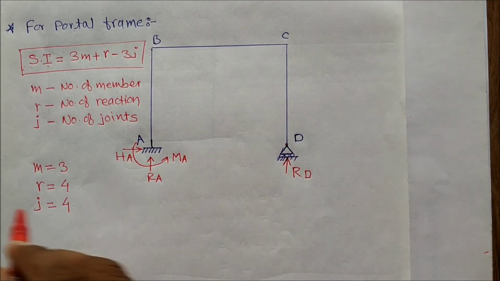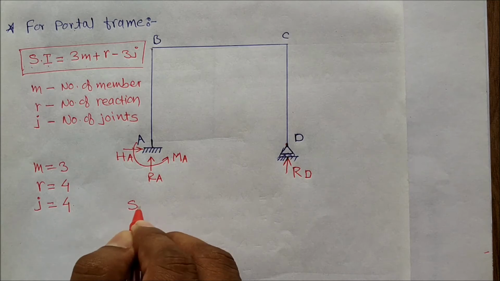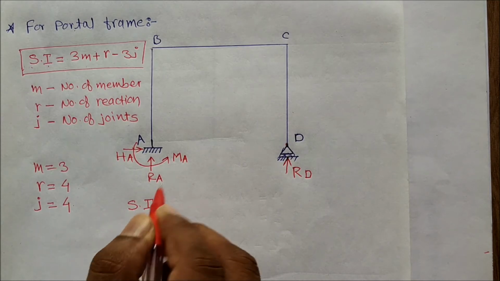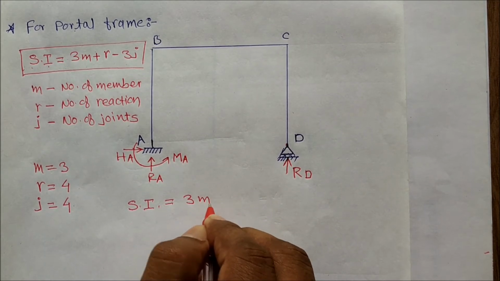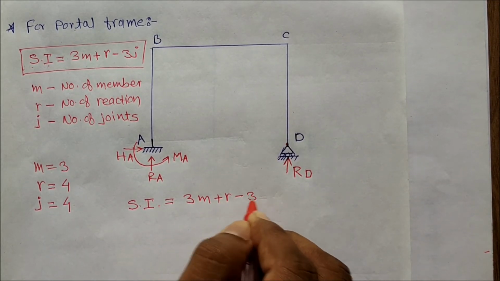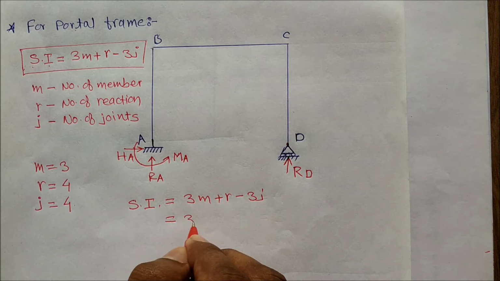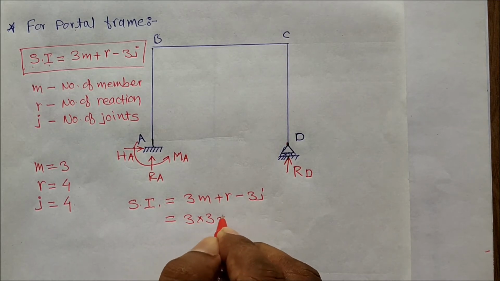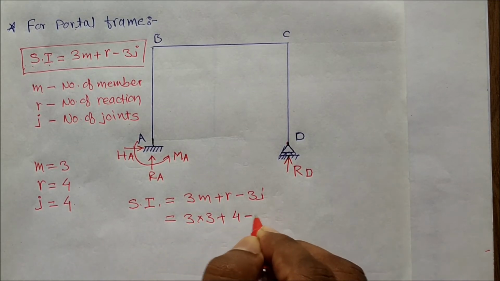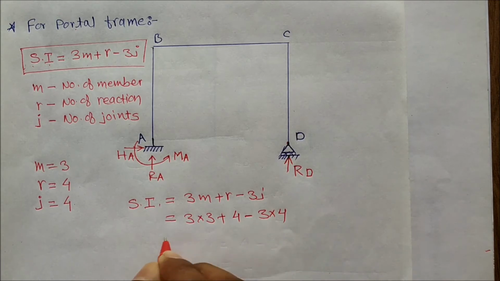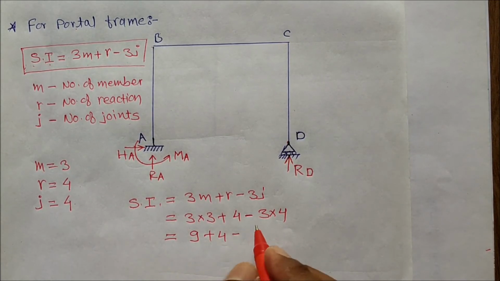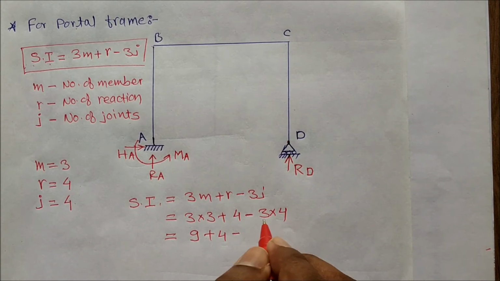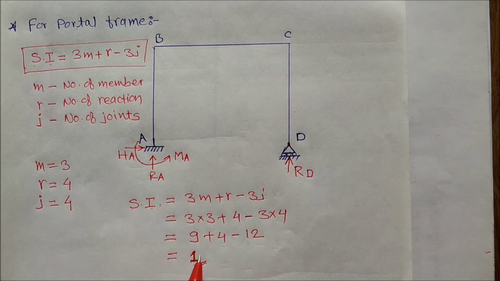So just put the values in the static indeterminacy formula, that is 3m plus r minus 3j, and calculate. So here the static indeterminacy is 1.